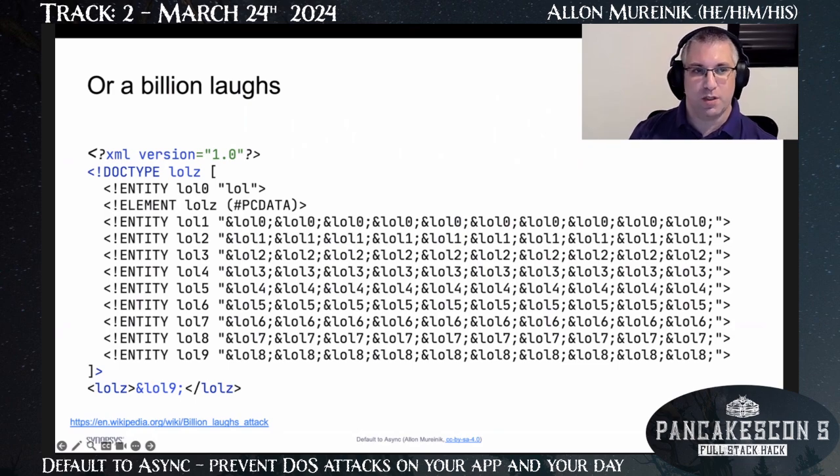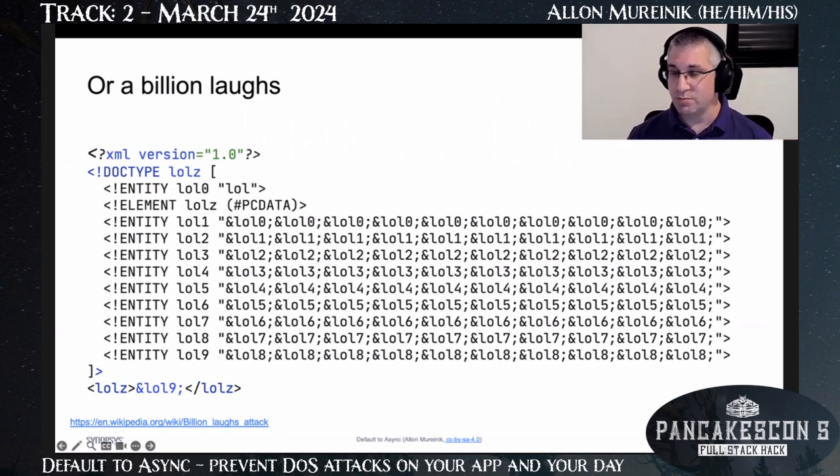It's then referenced in the lol1 entity in the third line, and then it's referenced recursively as the lines go on. So as you can imagine, if we expand all of these entities, we start out with a really small payload, but it bombs up, hence the name, to something huge in memory.